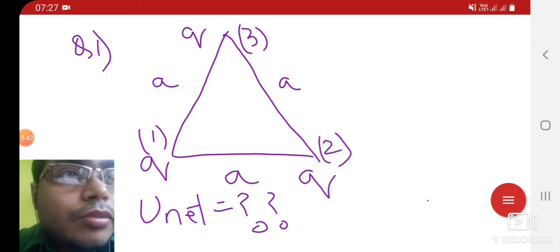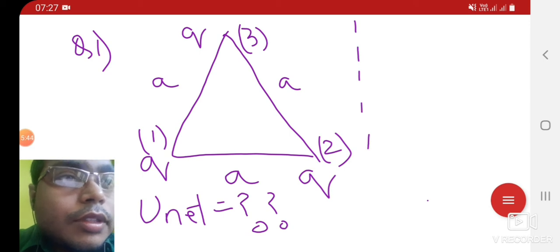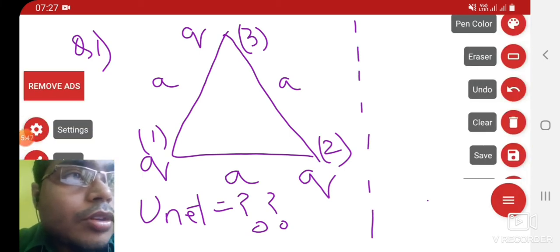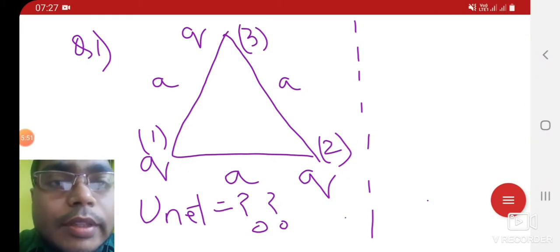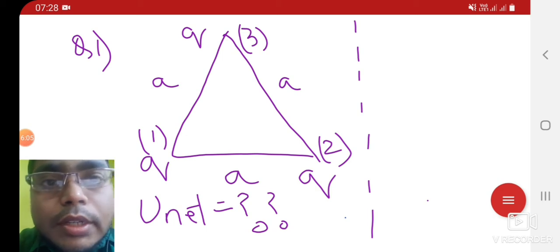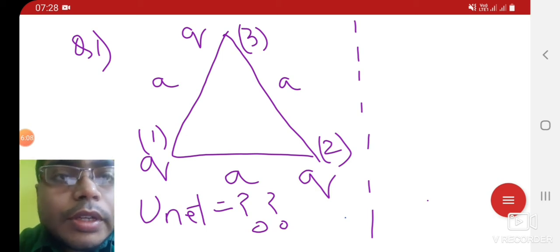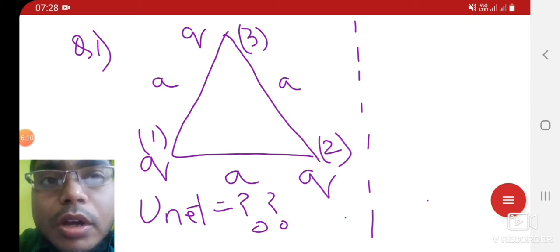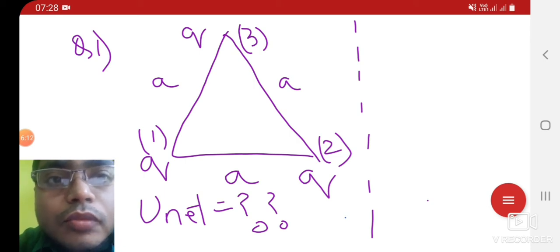So how to find it now? Here you can see that when we brought the charge q at position 1, there were no other charges. That means the work done to bring the charge q at point 1 will be 0, because there were no other charges present at that time. Now when we bring the charge at point 2, there was already one charge present at position 1, so we have to do some work against the force of repulsion.